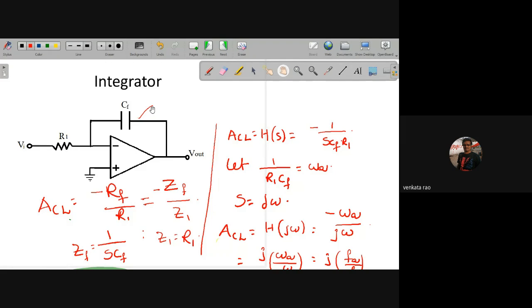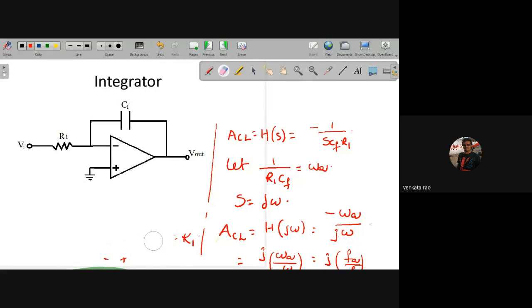Any suggestions from your side? So the problem is it is not stable. I want to increase the stability of this. Increasing stability in this sense means the closed loop gain should not be infinity.